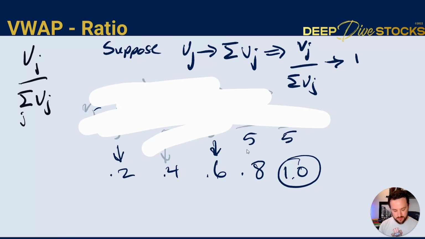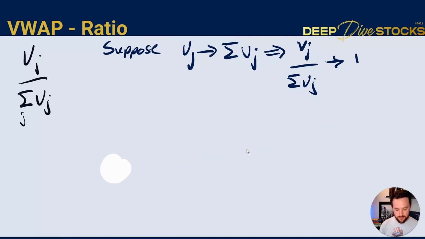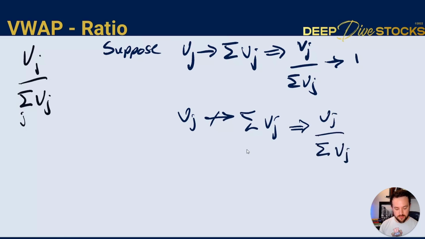And conversely, as VJ moves away, I don't know how to actually represent that, but we see that this ratio, what do you think it does? It moves towards 0. And that would be the same as if we just reversed, went 5 over 5, 4 over 5, 3 over 5, and so on.